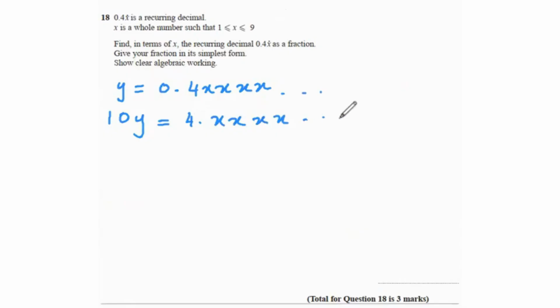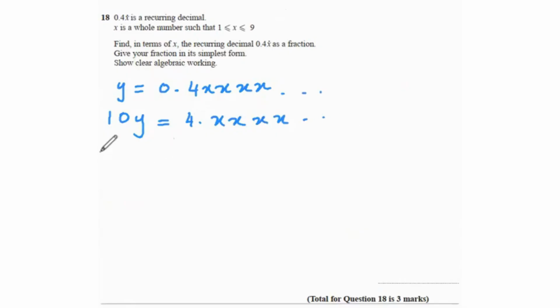Now, I'm going to assume that the recurring decimal is 0.4 and now x is being repeated. x can be any number from 1 to 9. So if we multiply y with 10, 10y equals 4.x recurring.